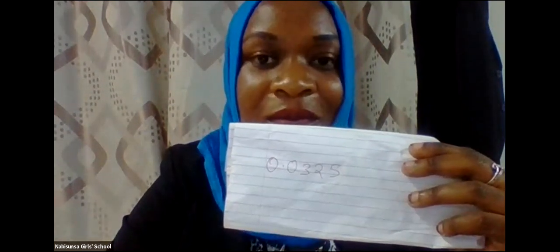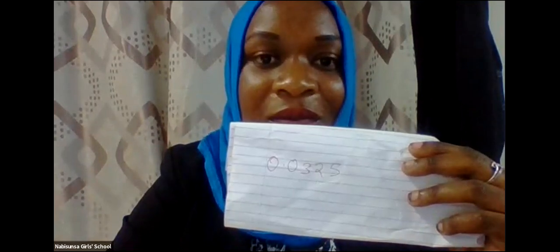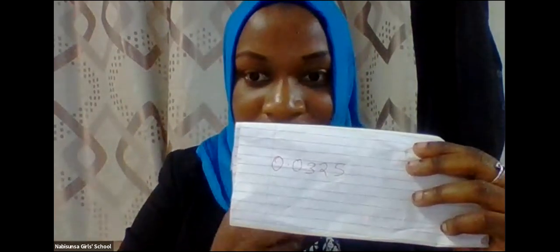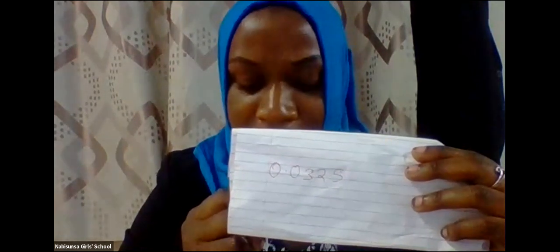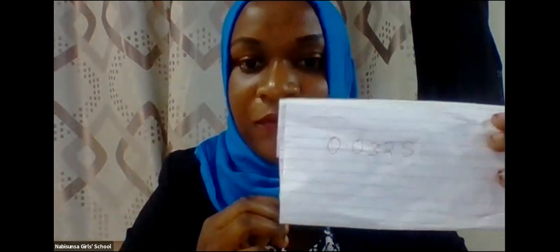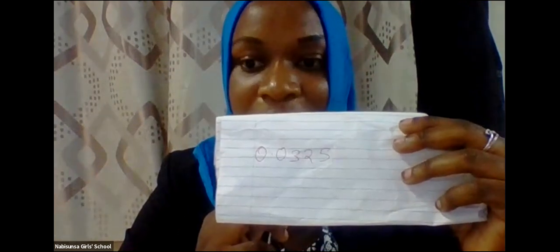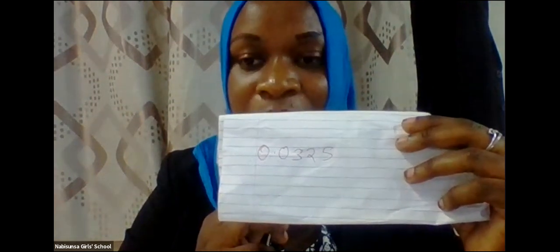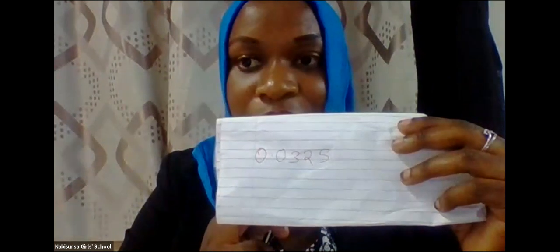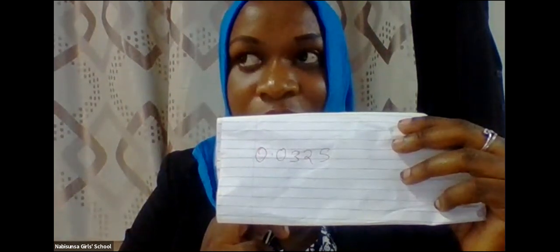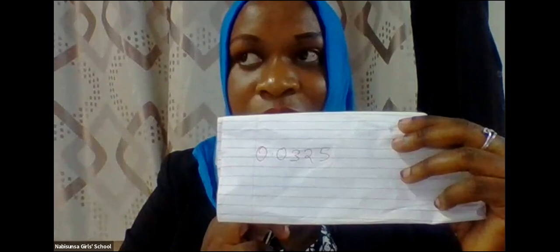Yes, Najinda. 0.0325. The two zeros at the beginning are not considered significant because rule number 2 said leading zeros are not significant, even if there is a decimal point.